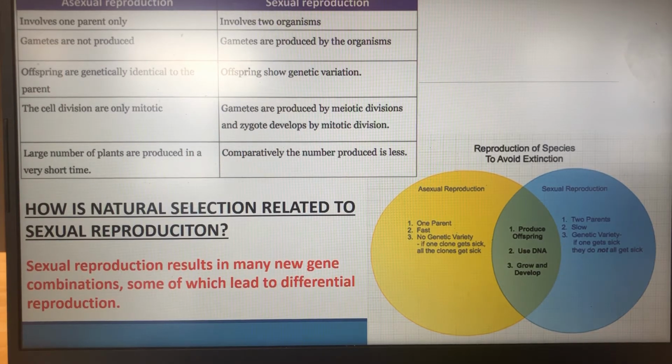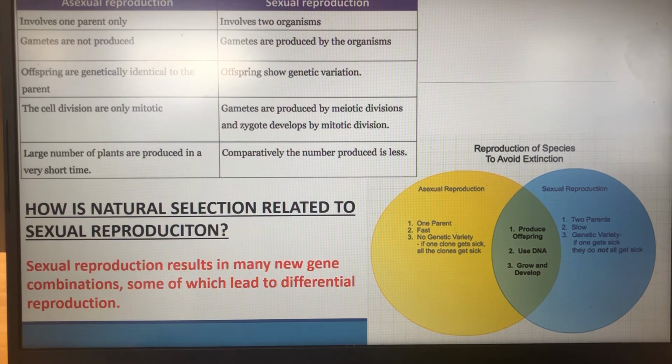This is just a quick thing where you're looking at asexual reproduction versus sexual reproduction. Yes, asexual is more efficient. You only need 1 parent. Sexual, you have 2 organisms. You need gametes produced for sexual, whereas asexual, you don't. Gametes are produced by meiotic divisions.